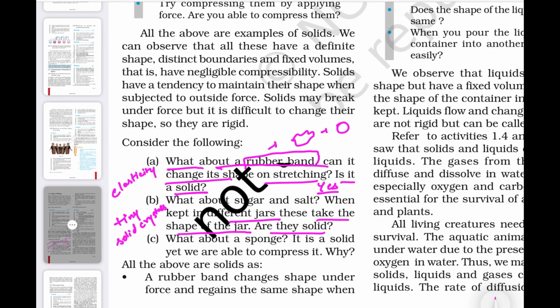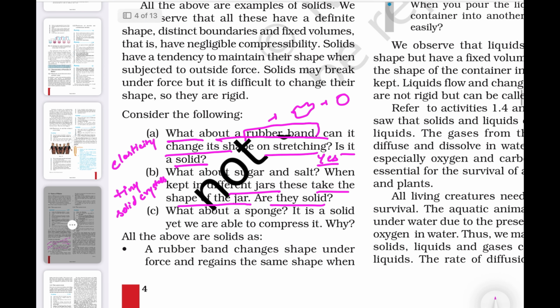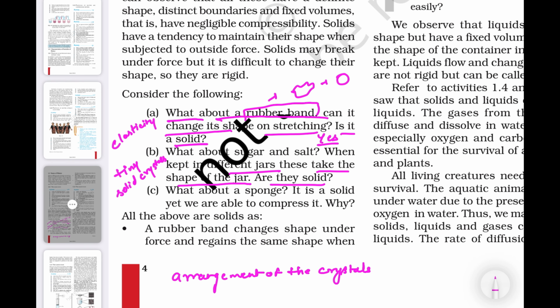When we pour sugar or salt in a jar, it seems to take the shape of the container, but in reality, the individual crystals remain solid and do not change their shape. So what changes is the arrangement of the crystals, not their individual form. So sugar and salt are types of crystalline solids.